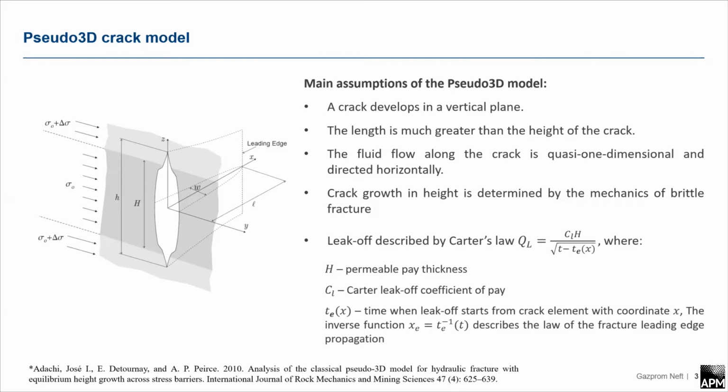It means that the fracture leading edge at this time is present, it's initiated in this element. So this function could be inversed, and the inverse function describes the law of fracture growth.